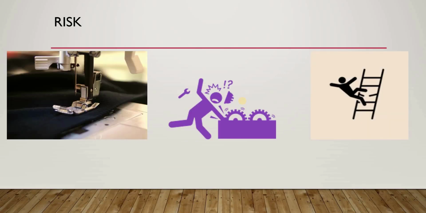Let's see some pictures for hazard. You can see a sewing machine here. If a worker is working with this machine, let's suppose, and the needle hits his fingers, then there is a hazard that it may hit his fingers. So you can say that there is an underlying hazard when the worker is working with the machine.